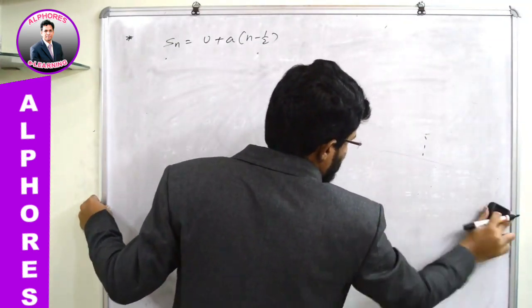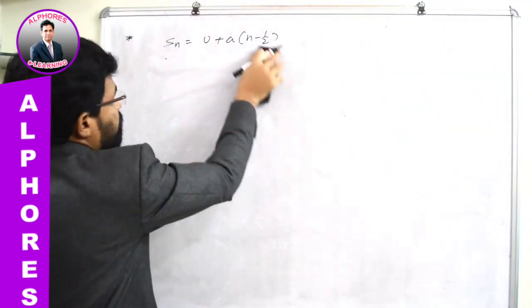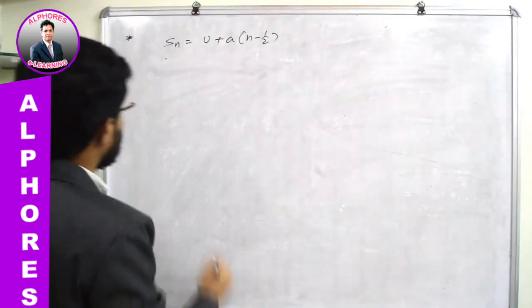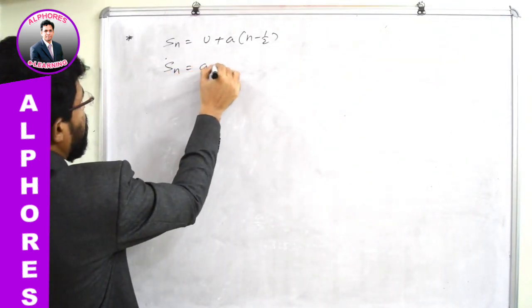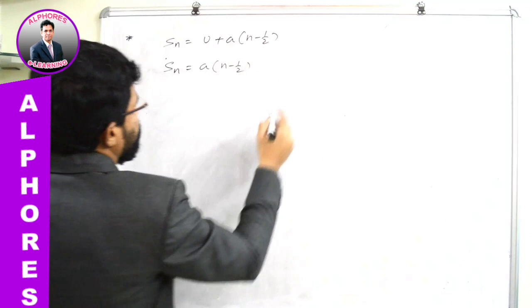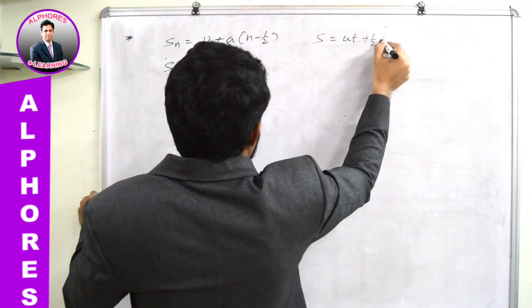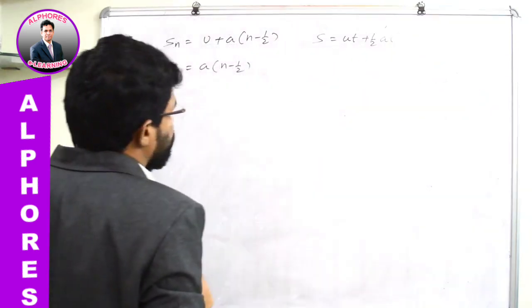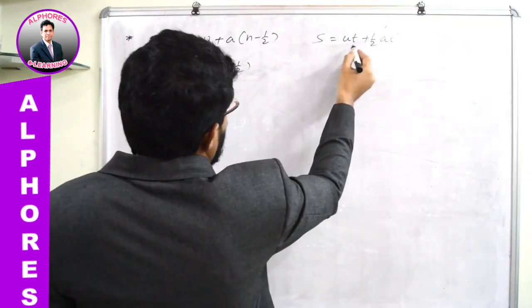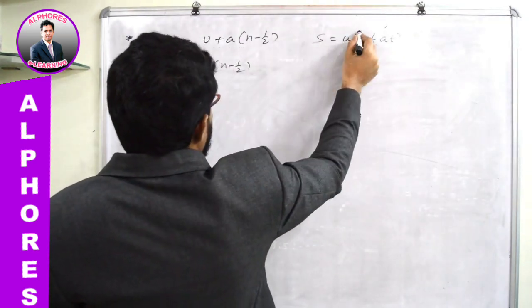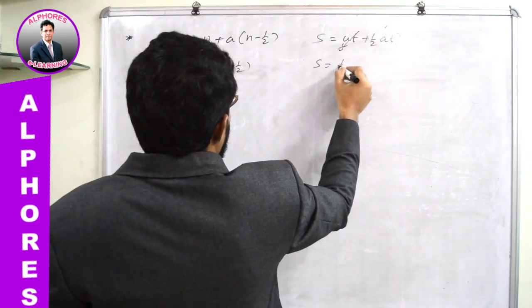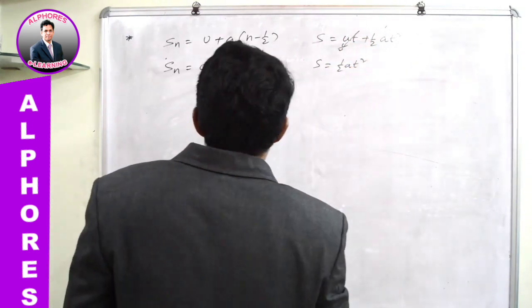So let us assume that the body is starting from rest. If it starts from rest, the equation Sn becomes a into 2n minus 1 by 2. Similarly, I'll consider the equation S is equal to ut plus half at square. Here, if the body is starting from rest, again this term vanishes. You will have S is equal to half at square.